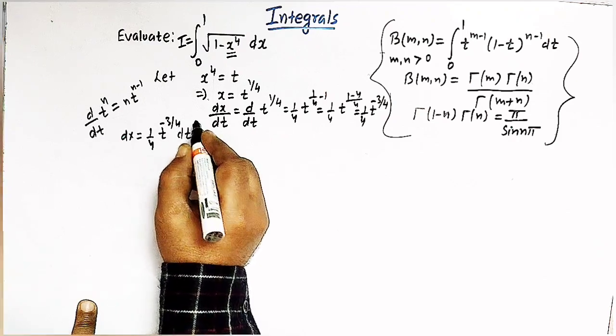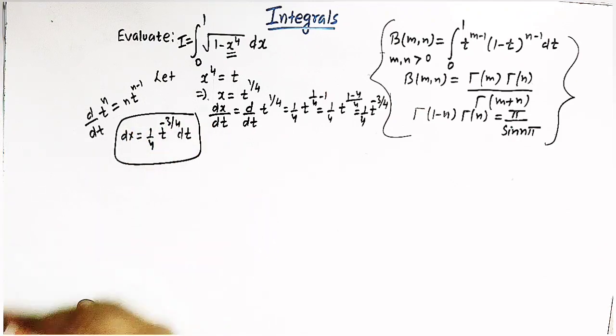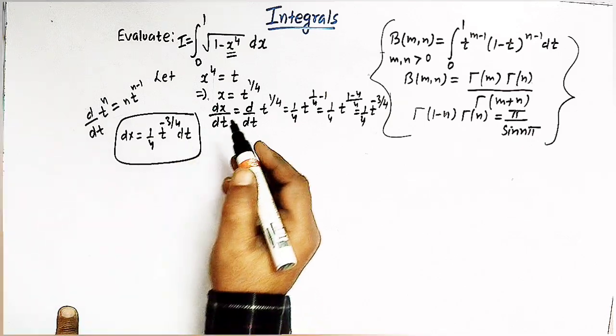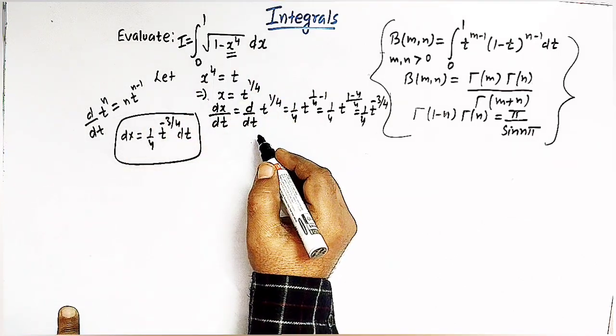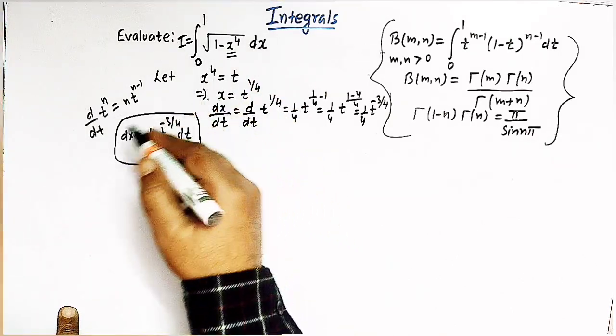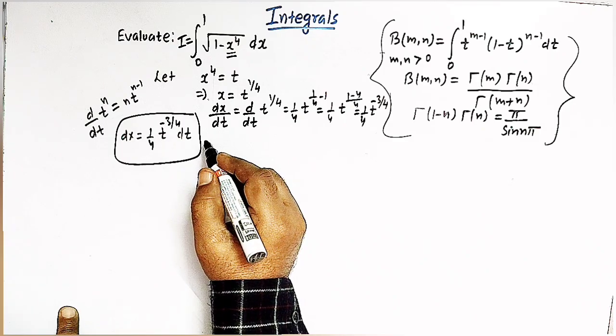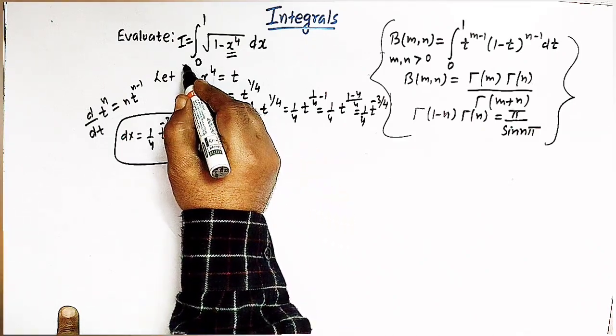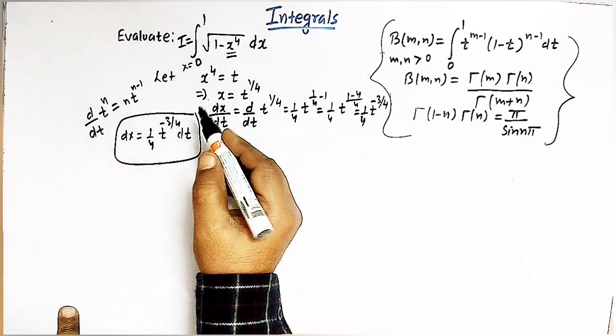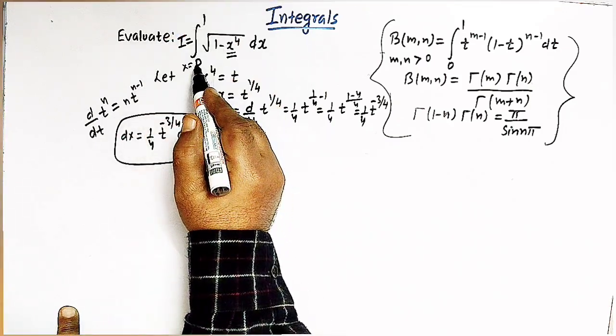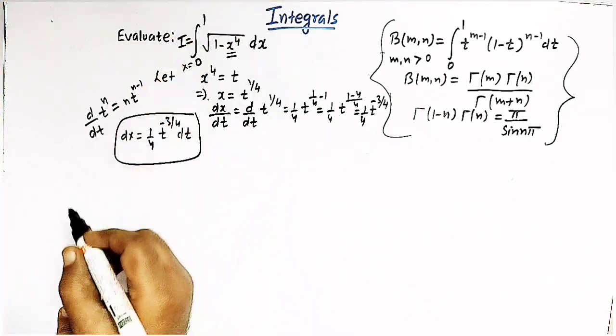Okay, so now here when we make use of the substitution method, we have to change the limits accordingly. So here we can see that the limits of integration vary from 0 to 1. So the lower limit is 0, the upper limit is 1.